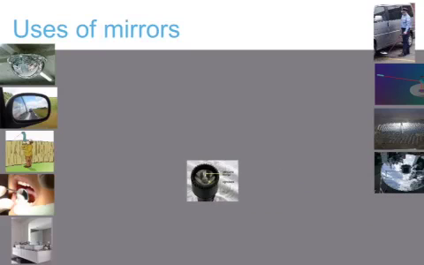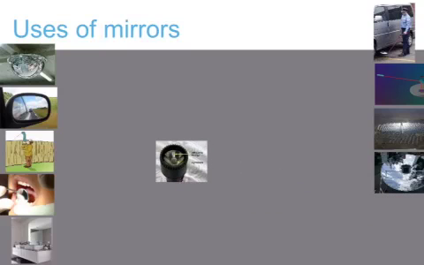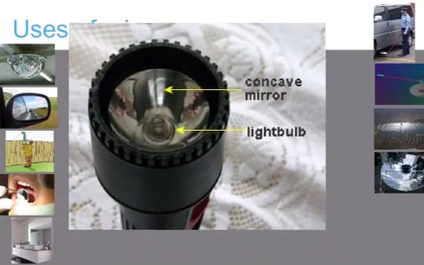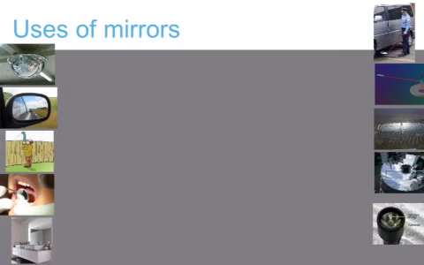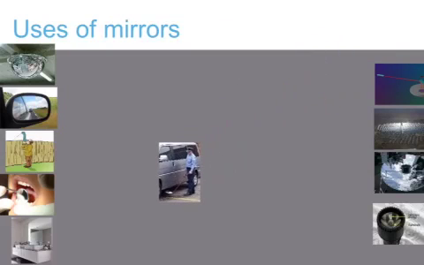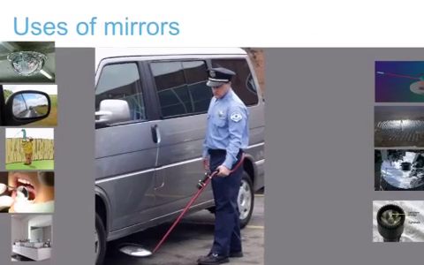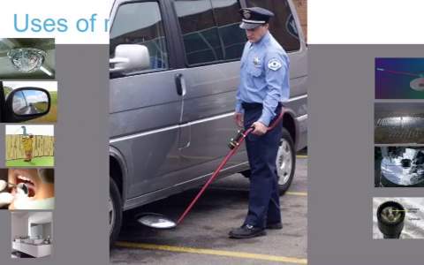And even for your torchlight, you'll find mirrors inside the torchlight to help focus the light. And some of you might have seen this, where the policeman actually has a mirror to search under the cars for maybe dangerous objects or illegal objects.